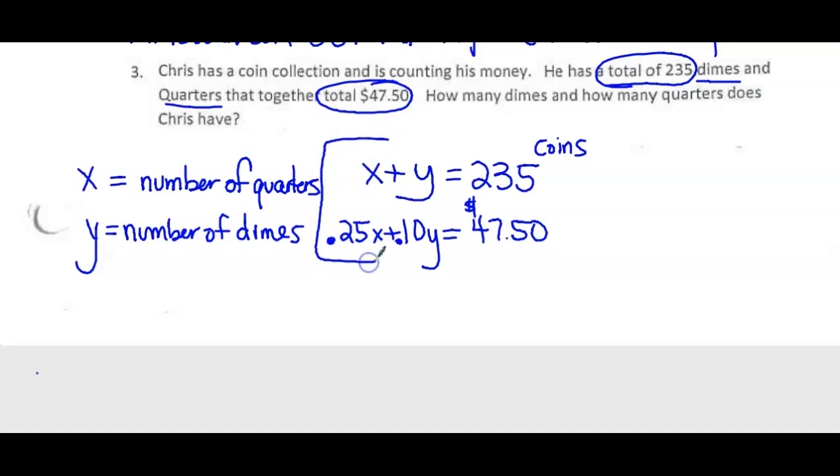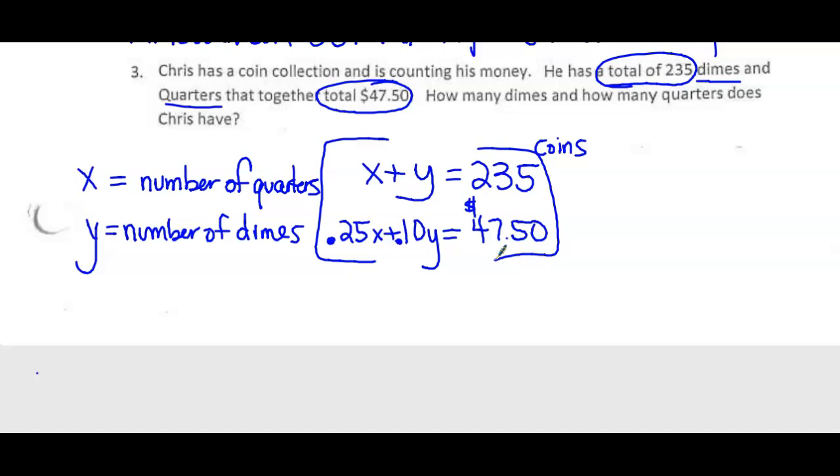So we defined our variables. We have our system. Now you have your calculator, and you're allowed to use the program. So in the top equation, you're using your coefficients. You're typing in 1, 1, 235. On the bottom row, you're going to type in 0.25, 0.10, and 47.50.